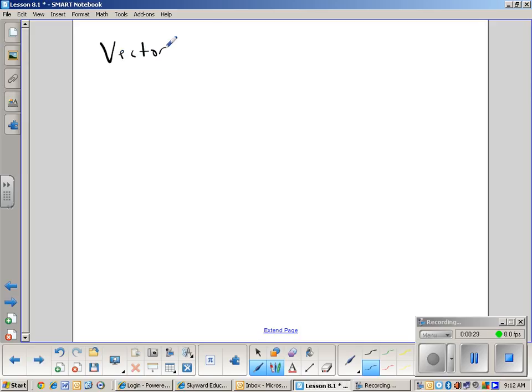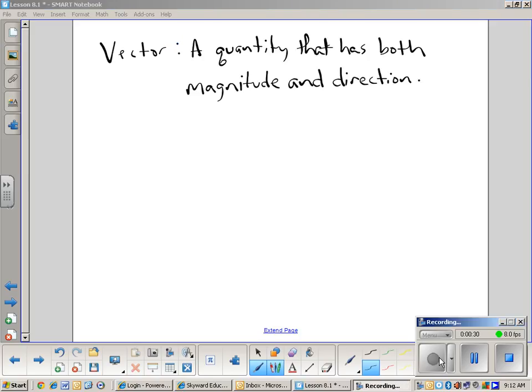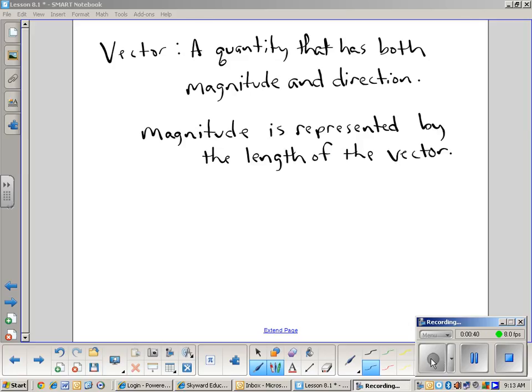I'm actually going to pause this, copy it down. So it's a quantity that has both magnitude and direction. The magnitude is represented by the length of the vector.